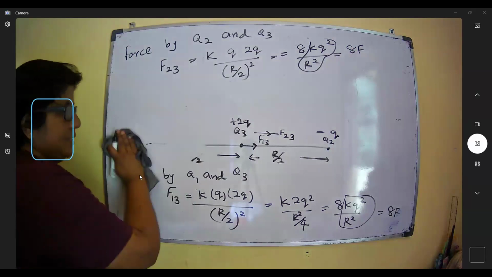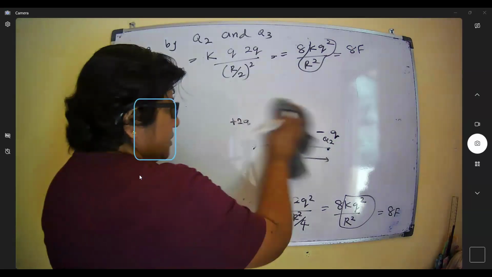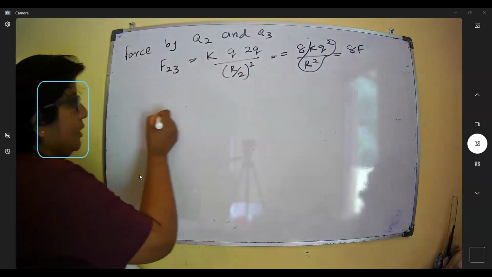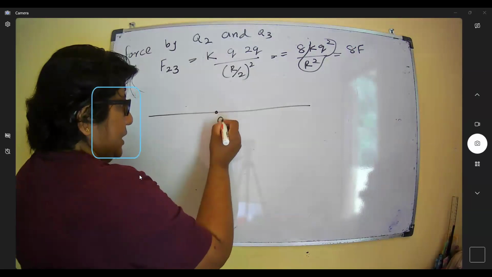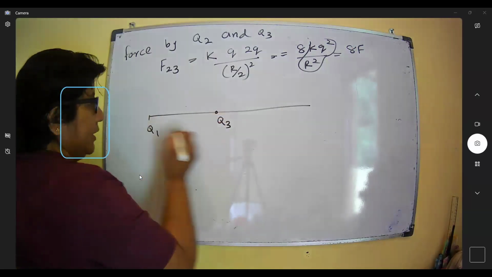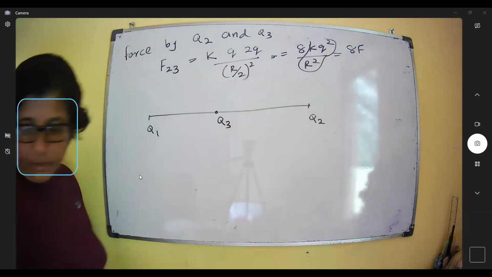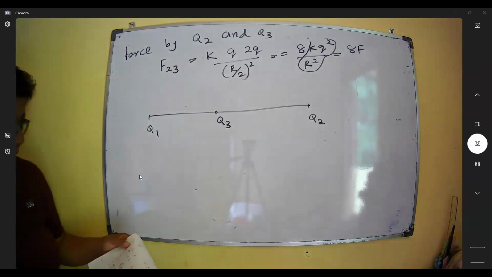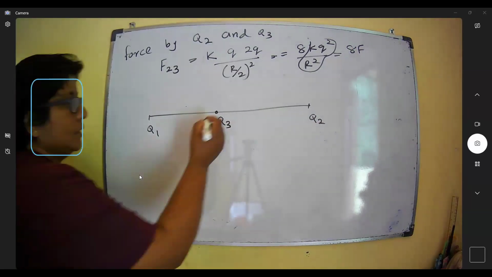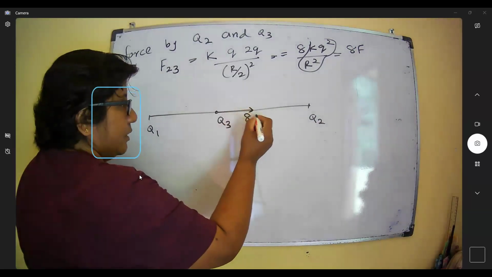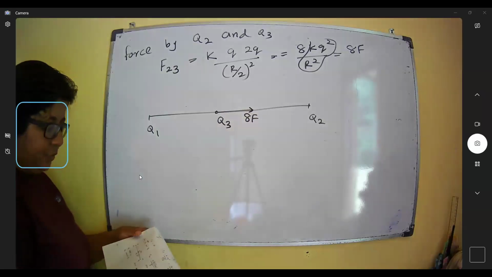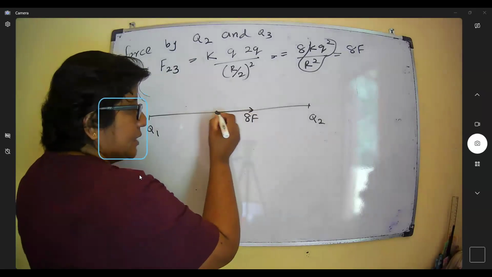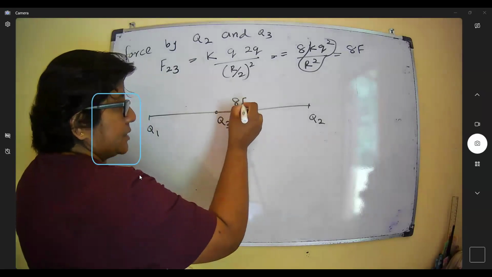8F. Then we can consider the direction of the two forces and see what happened. Q1 and Q3 is here, and Q1 and Q2. The force between Q1 and Q3 is the repulsion force, 8F. And the other pair, Q3 and Q2, is also 8F, but it is an attraction force. It is also in the same direction.